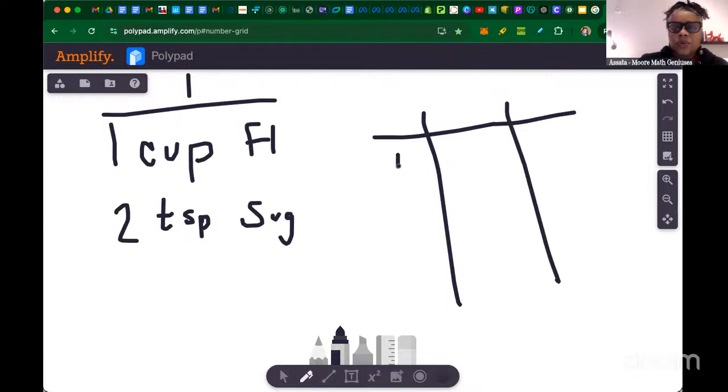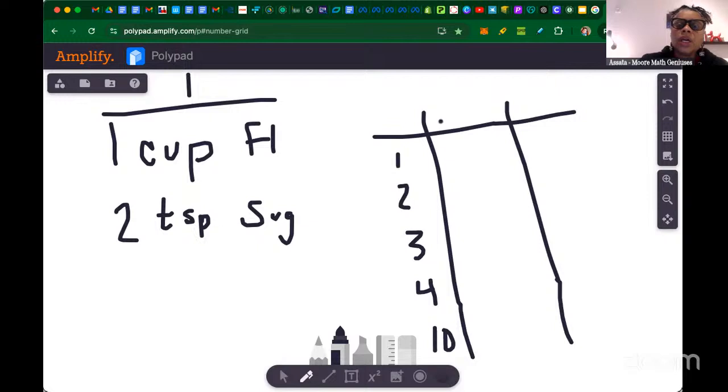So let's say we want 1 serving, 2 servings, 3 servings, 4 servings, and then we want 10 servings. So flour, sugar. Okay. So for the first one, 1 cup of flour, 2 teaspoons of sugar.